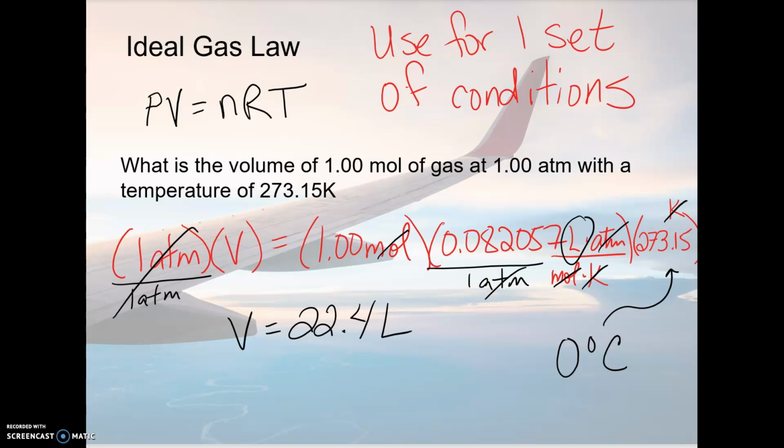Pretty interesting. It doesn't matter what gas it is. All gases, if it's 1 mole at STP, will occupy 22.4 liters. Doesn't matter if it's a really heavy gas or a light gas, big, small, they're all the same. Very interesting.